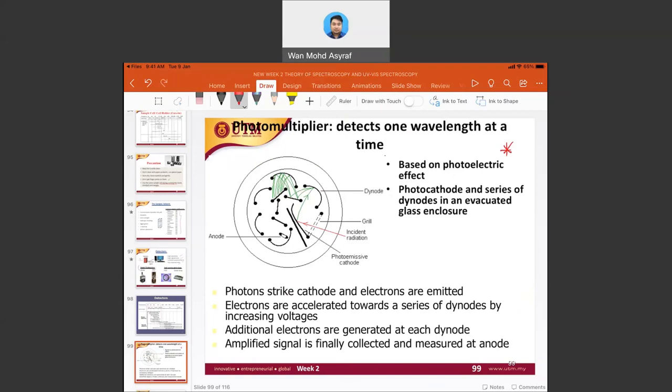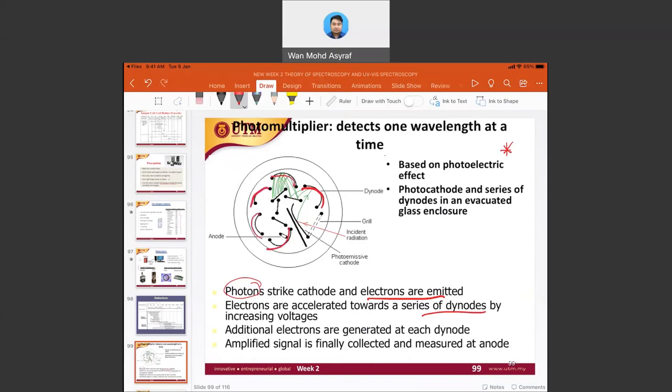The light that you detect from your sample cell, which we call photons, strikes the cathode and electrons are emitted. Whenever a photon strikes the cathode, it generates electrons. These electrons are accelerated towards a series of diodes. We have diode 1 here, second one, third one, fourth one, fifth one.